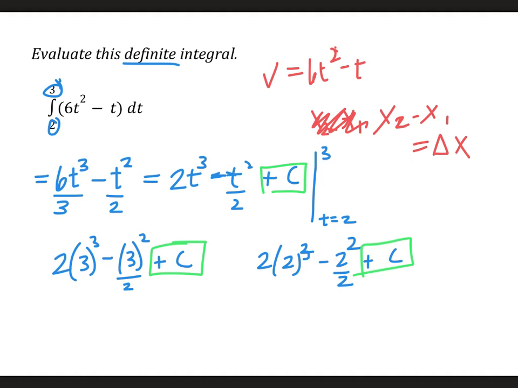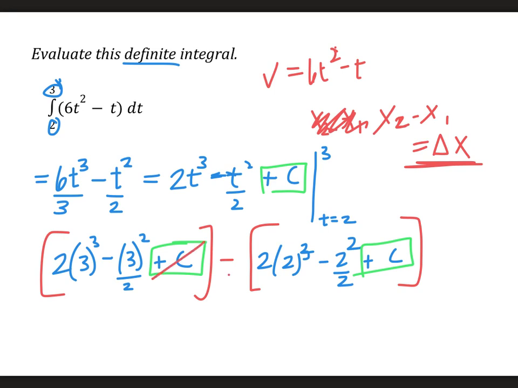And then what I'm going to do is subtract these two expressions. I'm using this idea that I'm really finding the change in this expression between these two moments in time. So I'm going to take this amount and subtract this amount. But when I do that, this has a c in it and I'm subtracting a c.